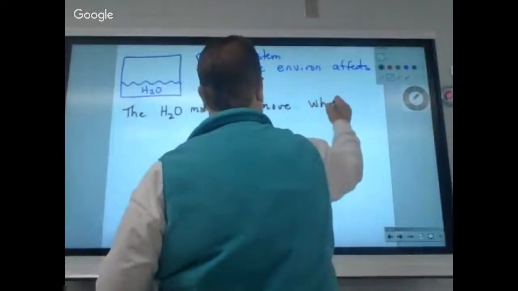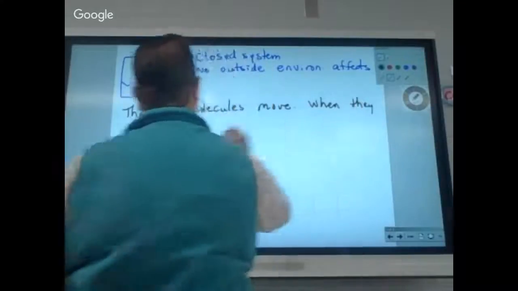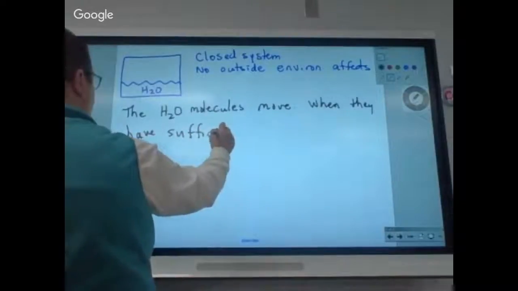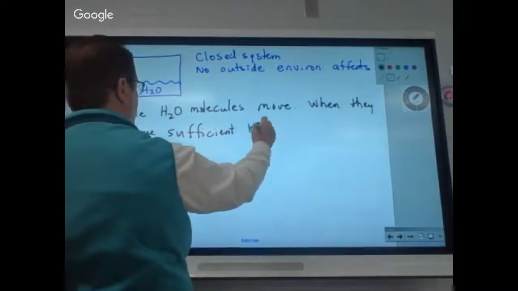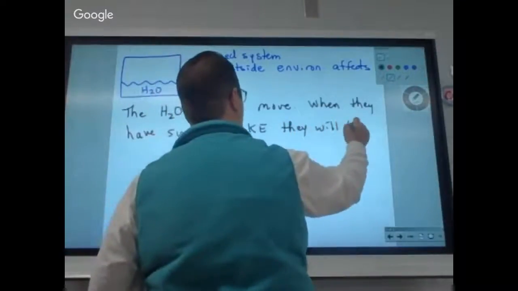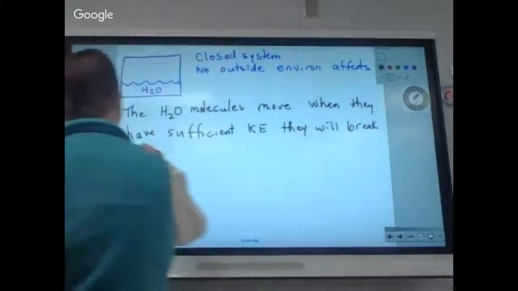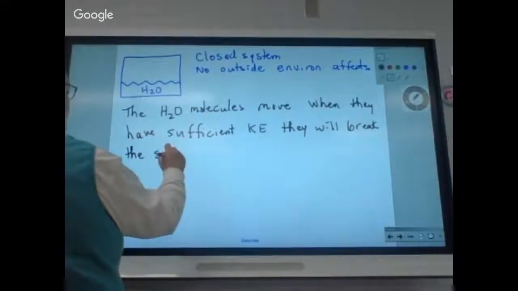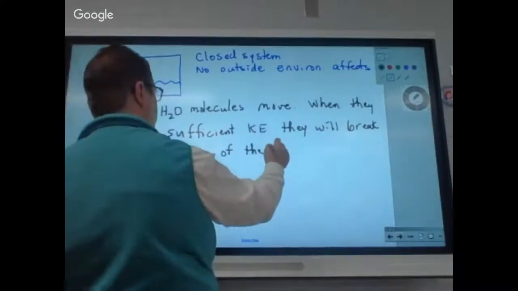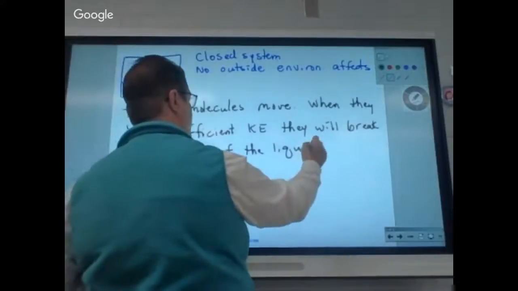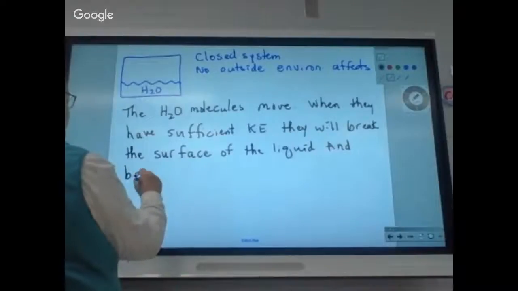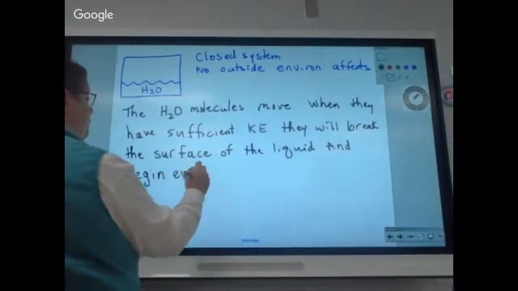When they have sufficient kinetic energy, they will break the surface of the liquid and begin evaporating.